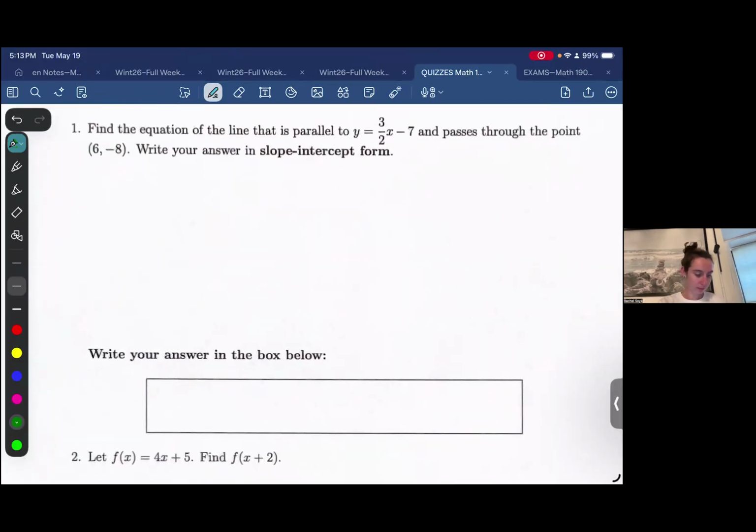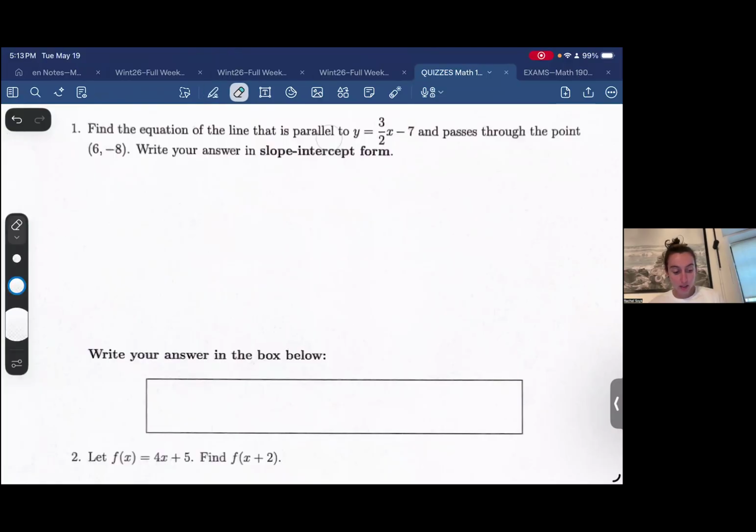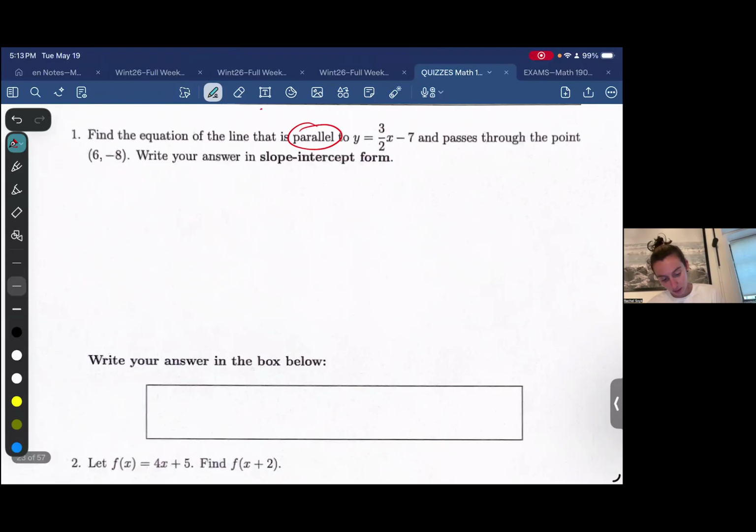Question 1, we're asked to find the equation of a line that is parallel. Anytime you see parallel, you want to think same slope and different y-intercept. And it's parallel to this line.